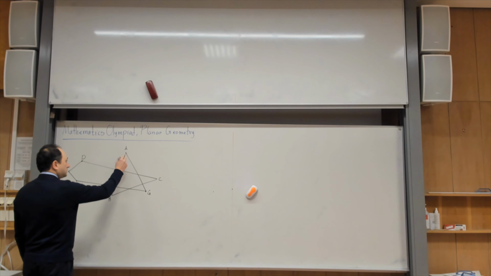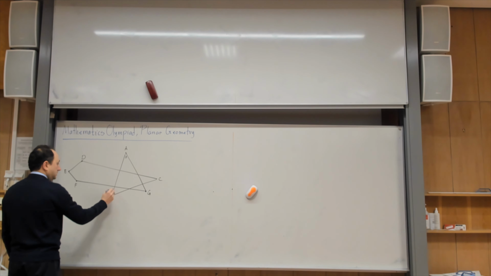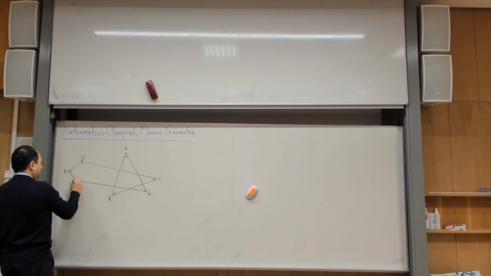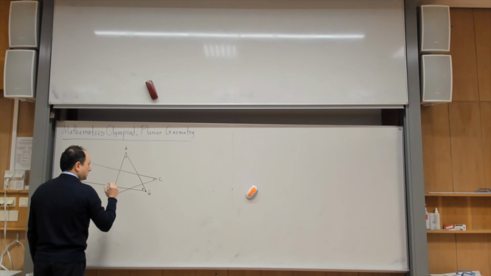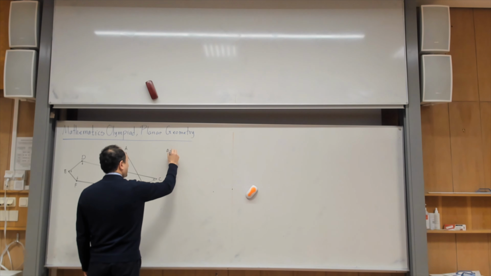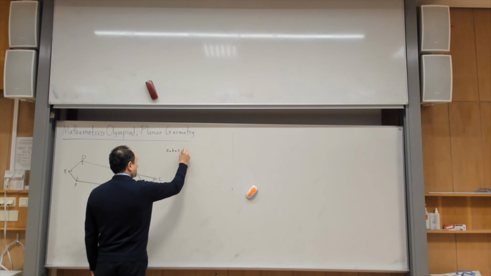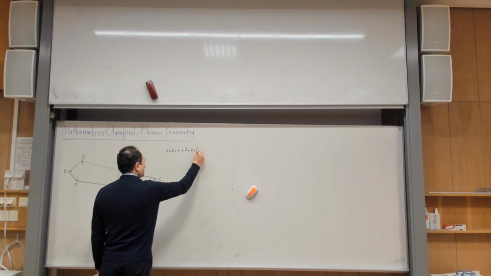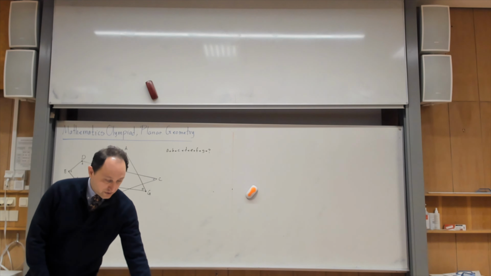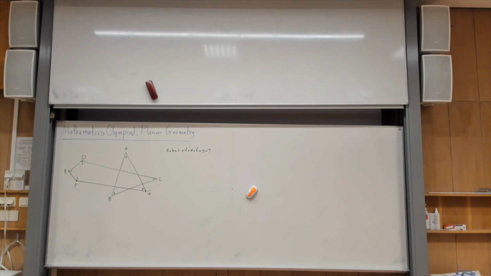So if you don't mind, let me just denote them by little a, and then this is little b, little c, d, e, f, and g. So I want to see if I can say something specific about the sum of these 7 angles, I suppose. Yes, A, B, C, D, E, F, and G. Yes? So that was one of our problems, actually, that we were supposed to think a little bit about.